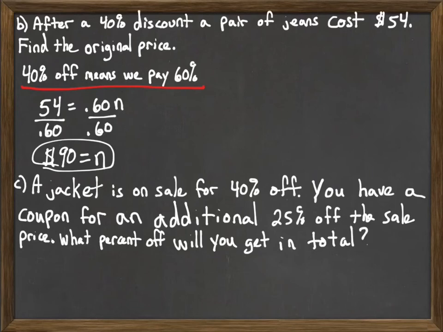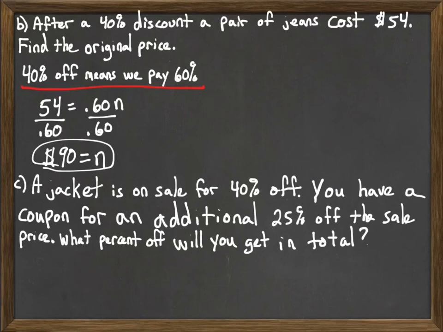An immediate instinct that a lot of people have is to add 40 plus 25%. If we were taking this 25% off the original price, that would be fine, but that's not how it works. We're taking 40% off, and then our coupon gives us an additional percent off the sale price. So it's discounted once and then discounted again.